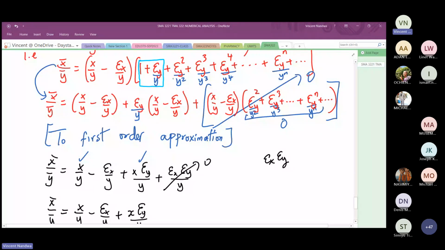But from this third term up to the end of the series, everything will be 0 because the powers of the error terms will be 2 and more.